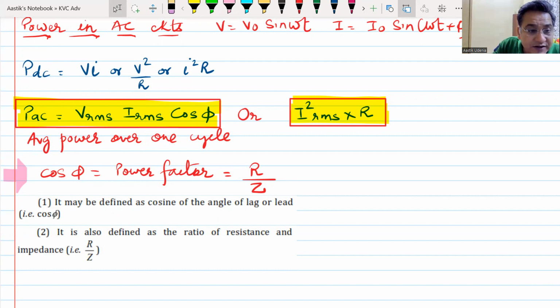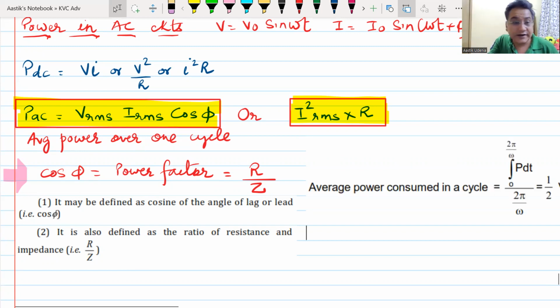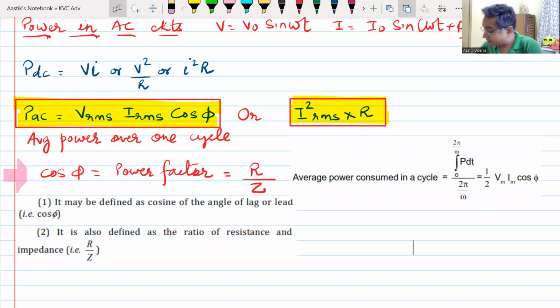Z is the impedance of the circuit and R is the resistance of the circuit. Now, whenever we talk about this power, it is always calculated over a cycle, and this is how it is calculated.